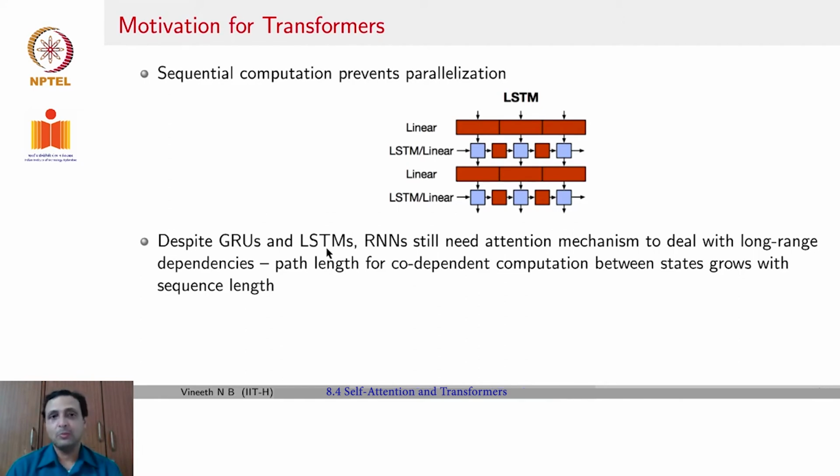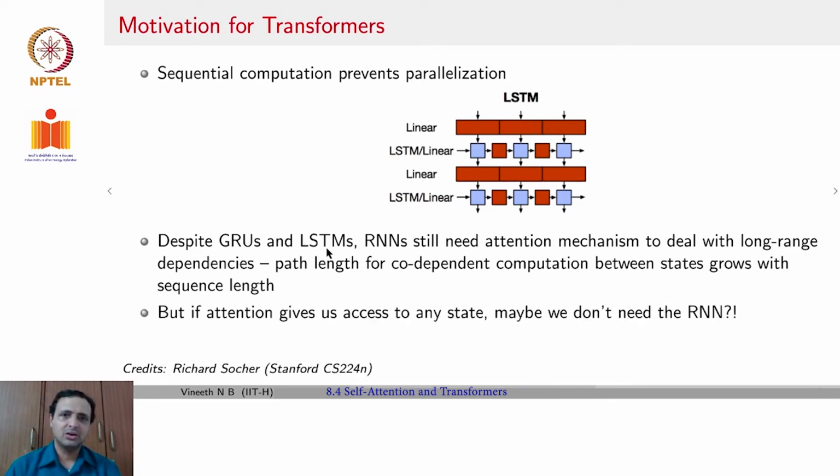Even in that scenario, one perhaps needs attention to focus on the right part of the previous content. We saw this with models for, say, visual question answering or visual dialogue, at least some of which used attention to be able to focus on the relevant parts of the previous sequence information. So if we are anyway using attention in RNNs, why use RNNs at all?